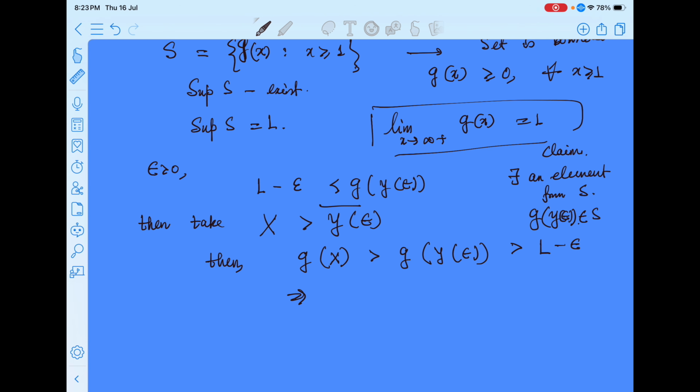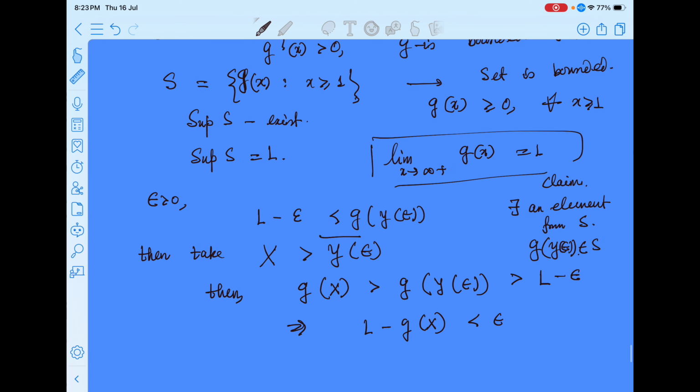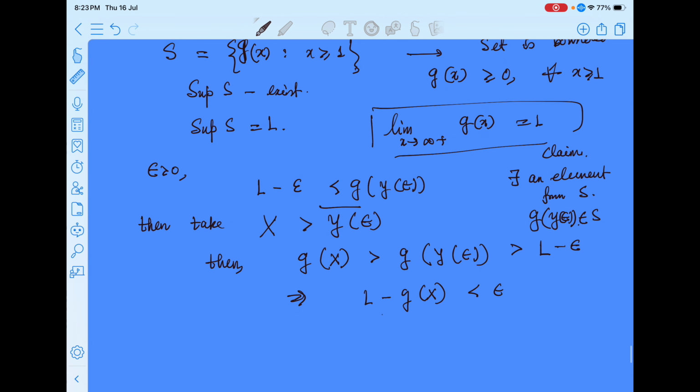So from that inequality we have L minus g(x) is less than epsilon. Since L is a supremum, L has to be bigger than g(x), so this is positive and this is less than epsilon.